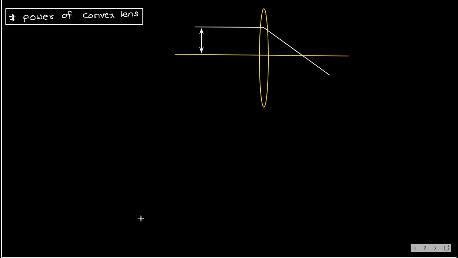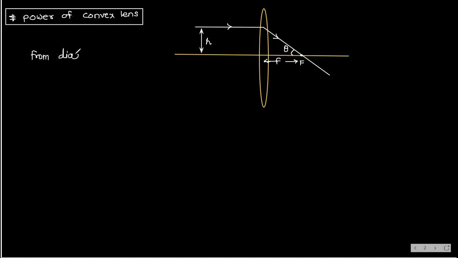This height is h. And now this angle is theta. It is making one angle, no? Theta. And this is the focus of that convex lens. And this distance is the focal length. Now can I write like this from the diagram?